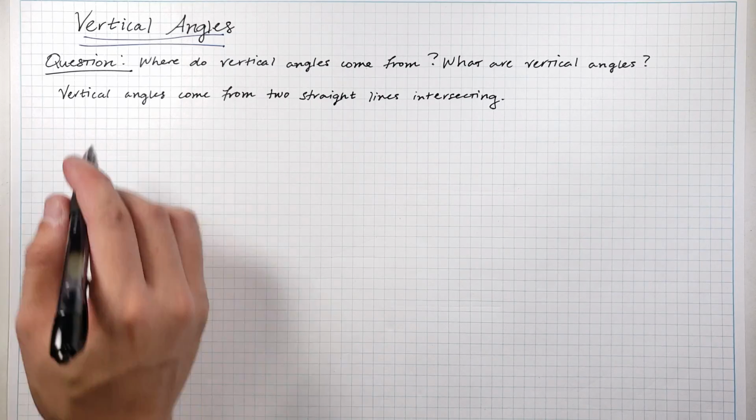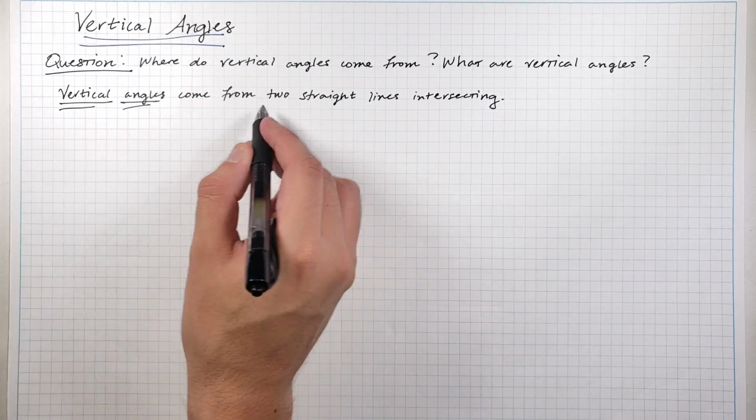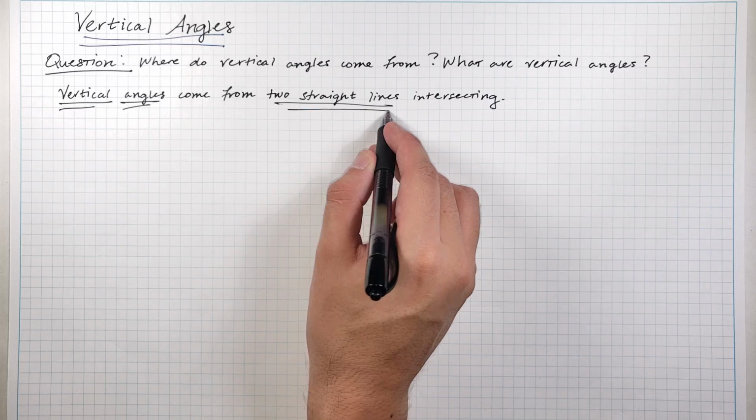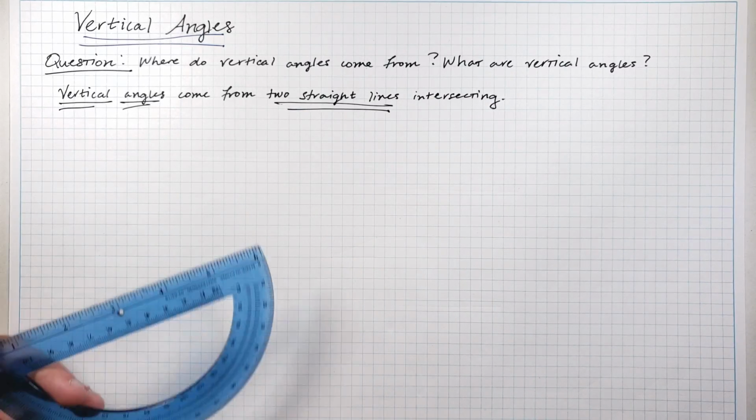That should be enough for now. Alright, so vertical angles come from two straight lines intersecting. Let's see what I mean by that.